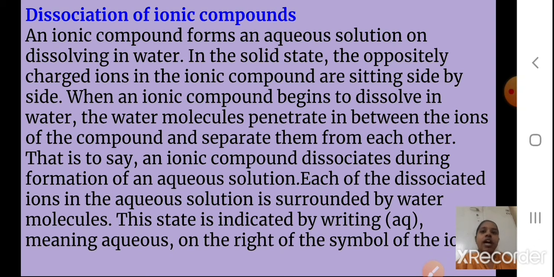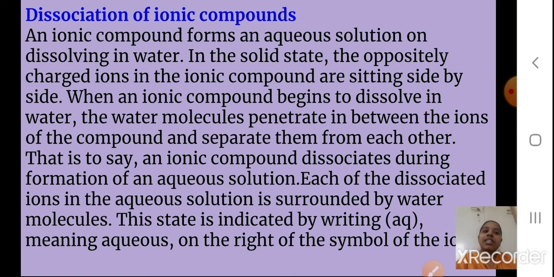First they were joined and forming NaCl, but when I put water in that, Na+ and Cl- ions will form again. So an ionic compound dissociates, meaning the ions separate during formation of an aqueous solution. Each of the dissociated ions in the aqueous solution is surrounded by water molecules. Each of the ions means the chloride ion and the sodium ion will be surrounded by water molecules.